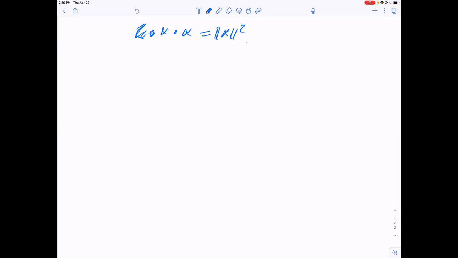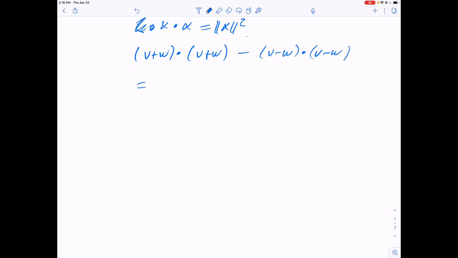And so in this case, what we want to do is we want to take v plus w dot v plus w and subtract off v minus w dot v minus w, okay?